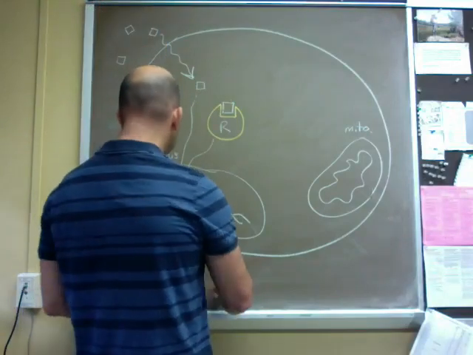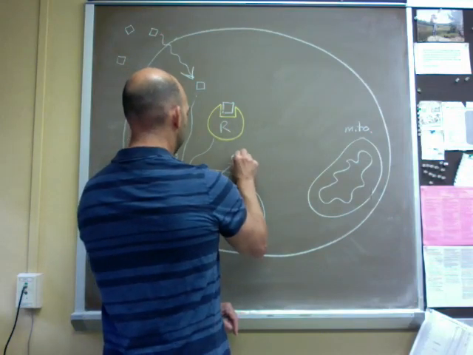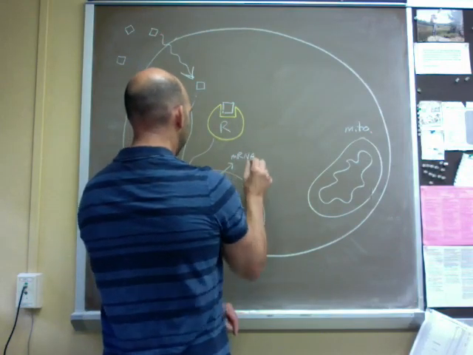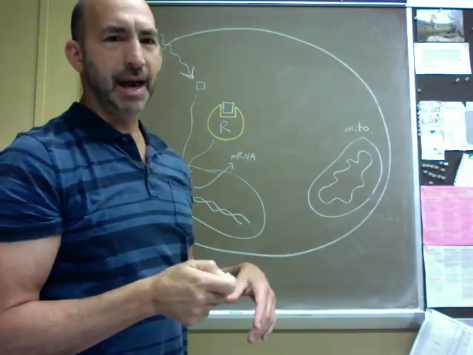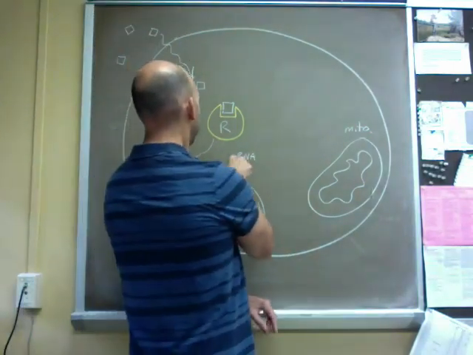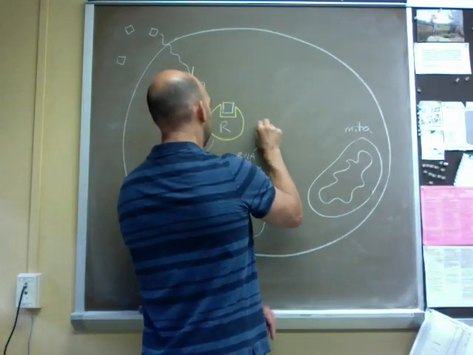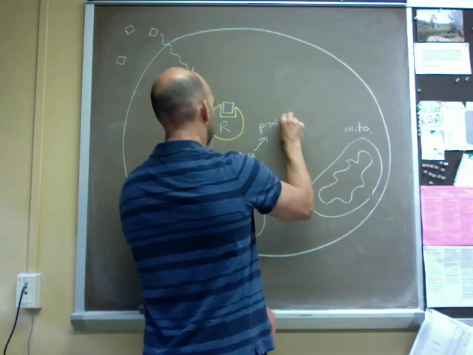And so we would get transcription, right? In which case we would get mRNA. And again, this doesn't happen in the cytoplasm. This happens on the endoplasmic reticulum. But the mRNA gets translated into protein, right?